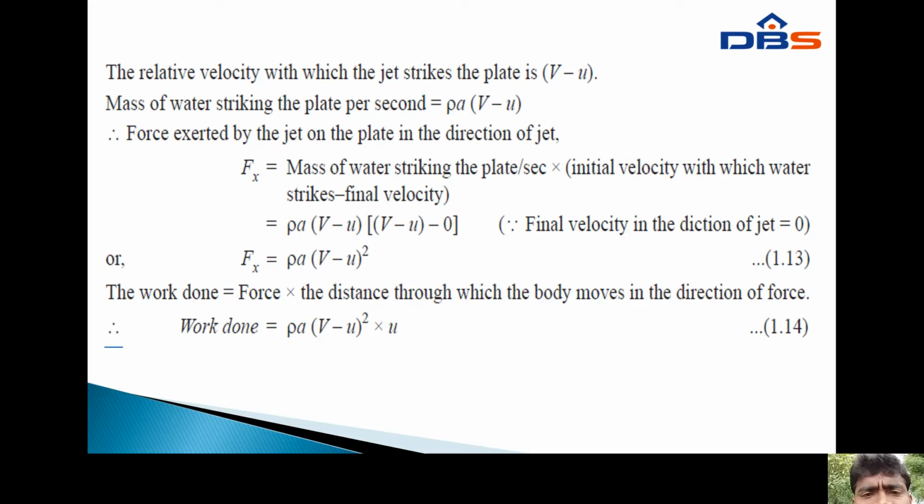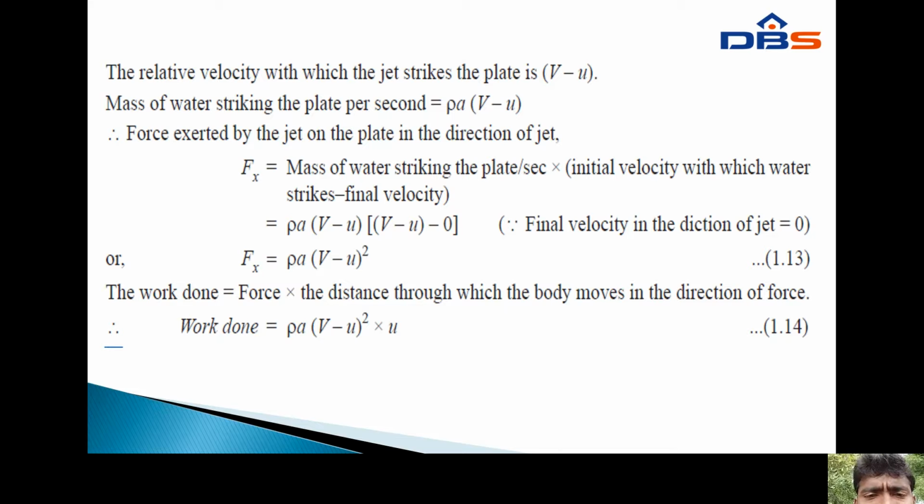F x equals mass of water striking the plate per second into initial velocity with which water strikes minus final velocity. Therefore, the equation is written as rho A (V minus U) into (V minus U minus 0).